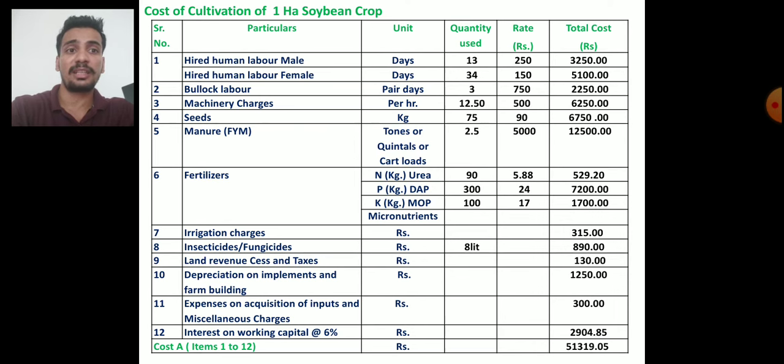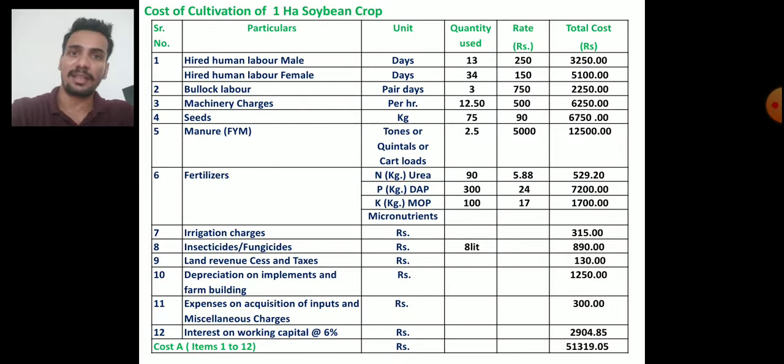Then the per kg rate of DAP is 24 and of muriate of potash is 17. Okay. Then next is micronutrient. If some farmers give micronutrients in a granular form or in a liquid form, you have to take the value of micronutrients here as a cost of fertilizer.